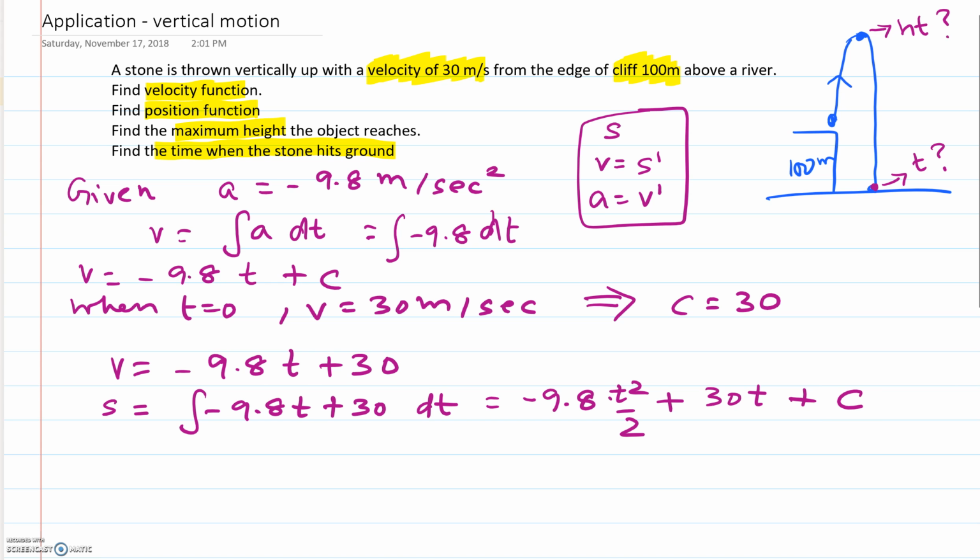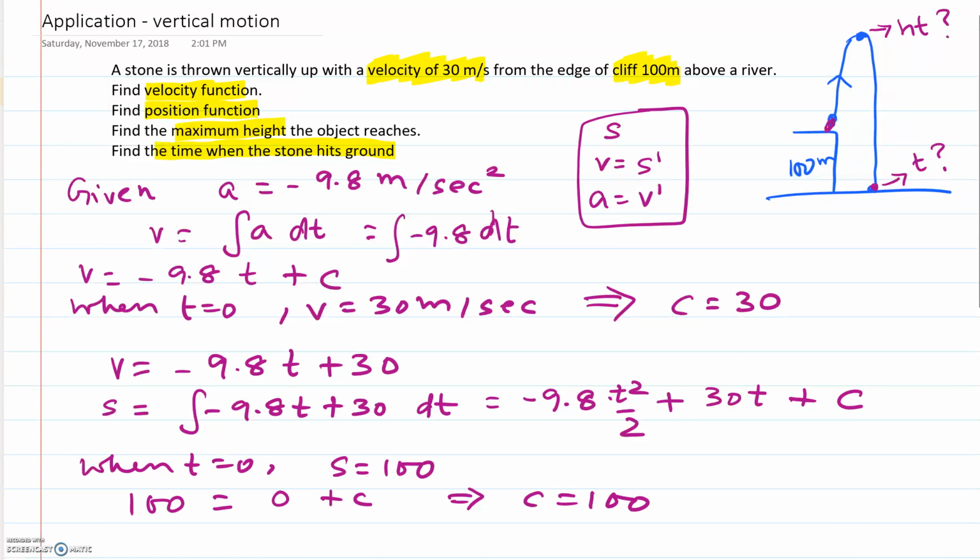There is an initial height of 100 meters because the object is thrown from a height of 100 meters. So plug in t equal to 0. The height is 100. So if you plug this into the equation above, we have 100 equal to 0 plus c. So this will give c equal to 100.